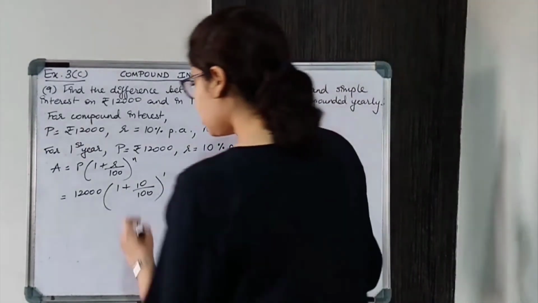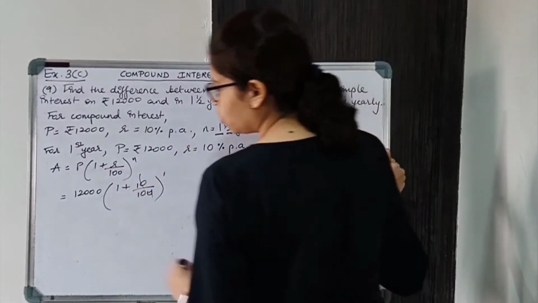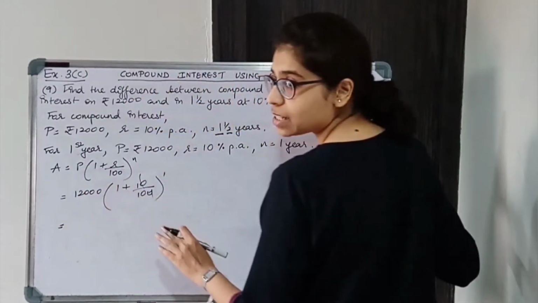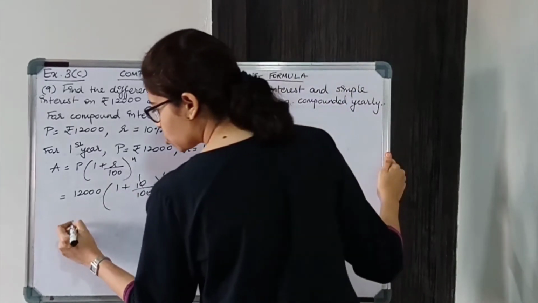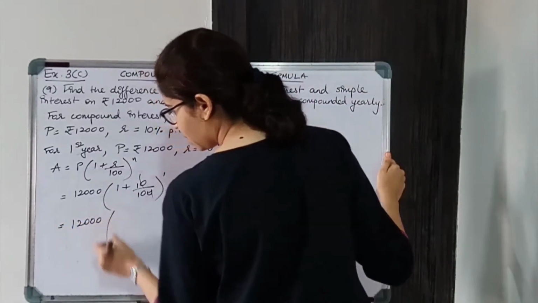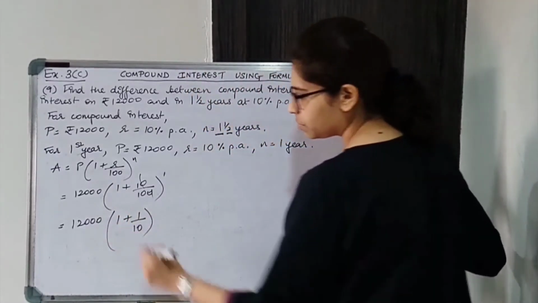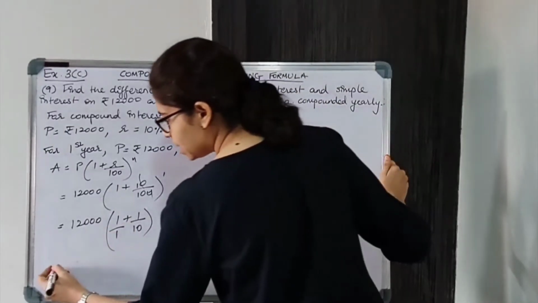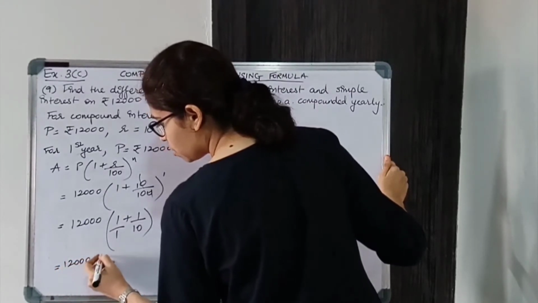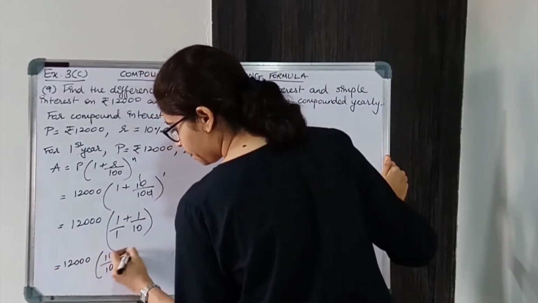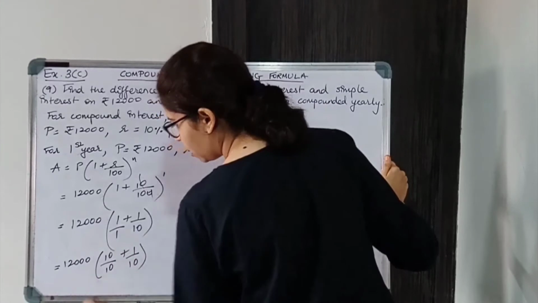So the zeros get cancelled over here. Here and here you cannot cancel, there is a sign in between. So solve the bracket first. So 1 plus 1 upon 10. Let's take LCM. So 12,000 into 10 upon 10 plus 1 upon 10. Now we can take the common denominator.